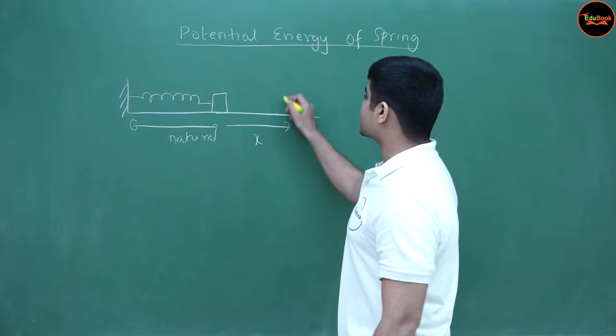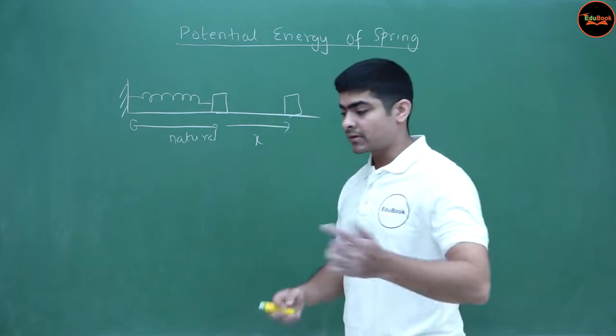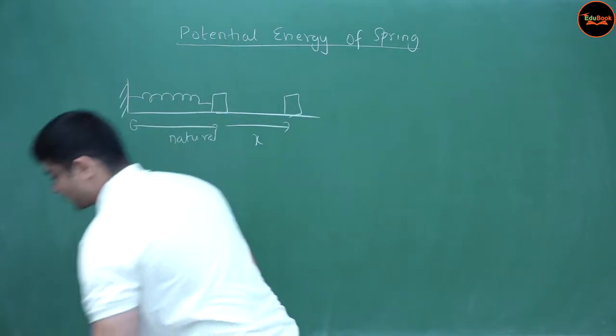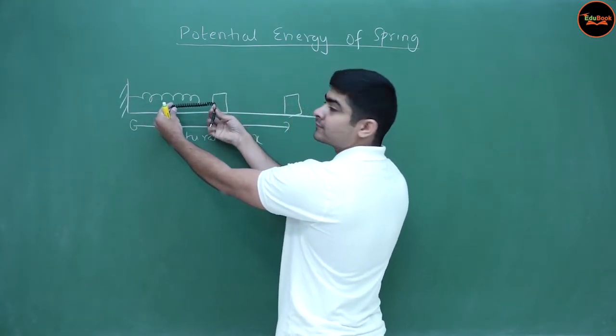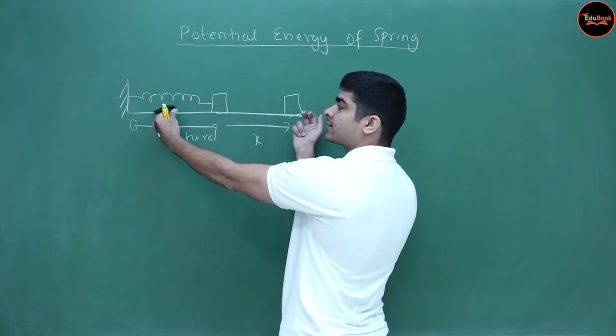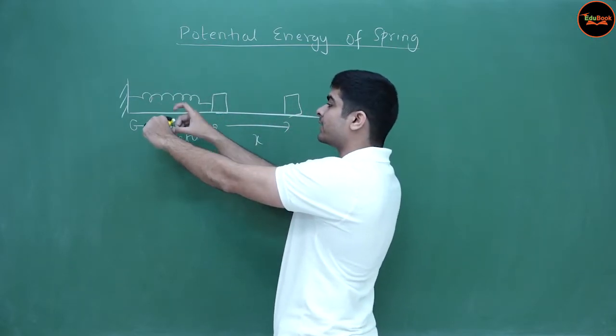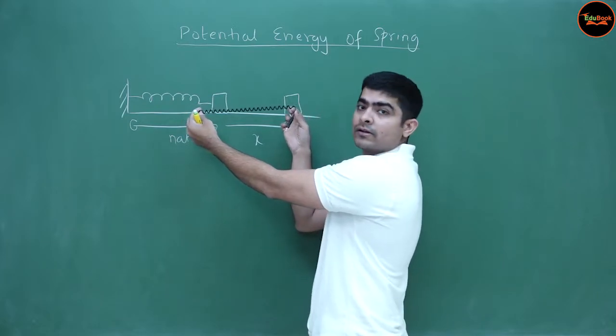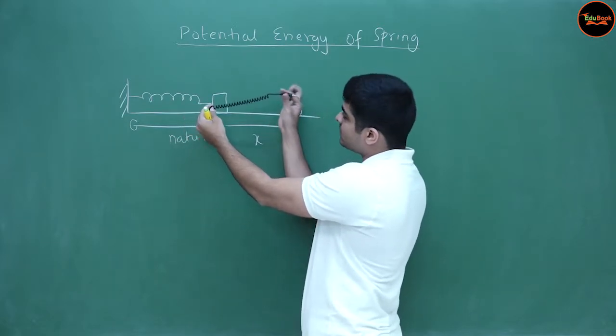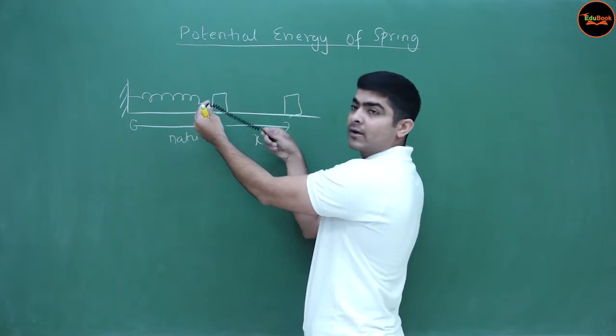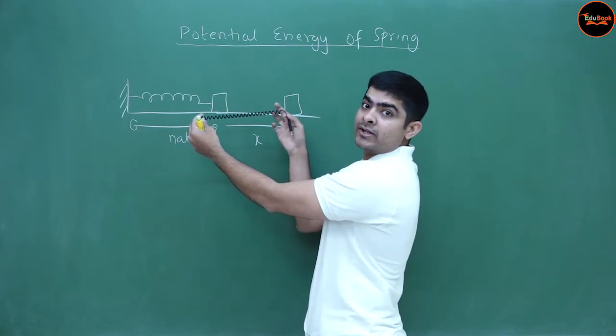So if this is at x distance over here and the block is over here, then let's say for example I have the spring over here, right? As I pull the spring and I release it, you see it simply went forward. So right now the spring and block system has some potential energy.